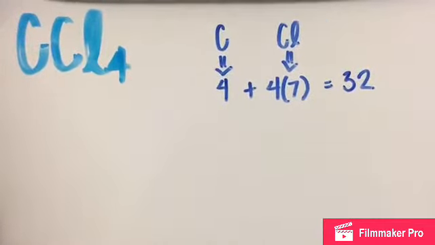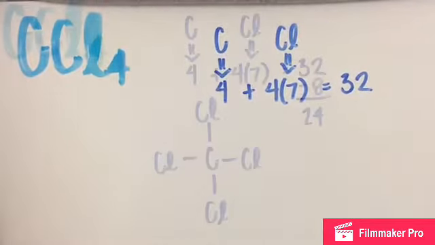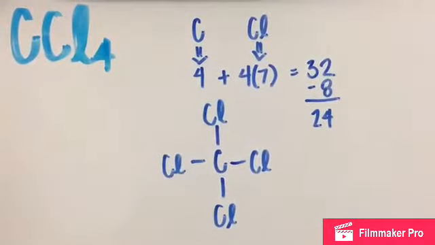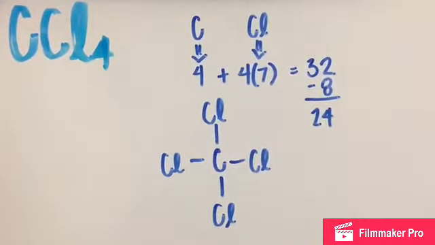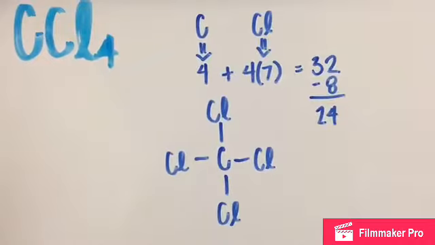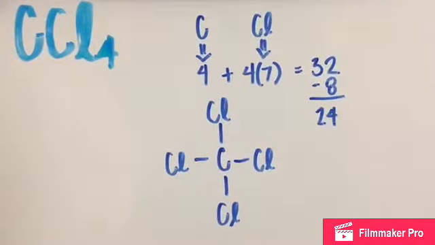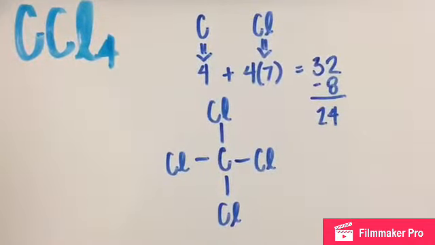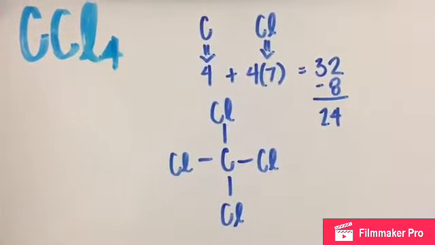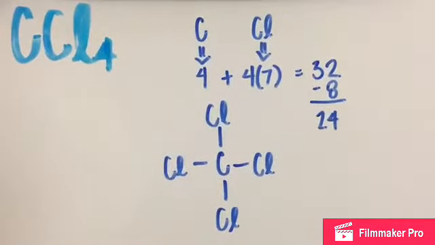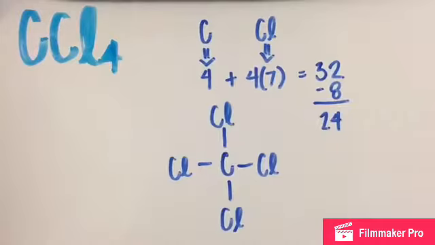These two added together give us 32 electrons. So we are going to use 8 electrons, 2 for each bond between carbon and chlorine. We subtract these 8 electrons from the original 32 and we have 24 electrons.